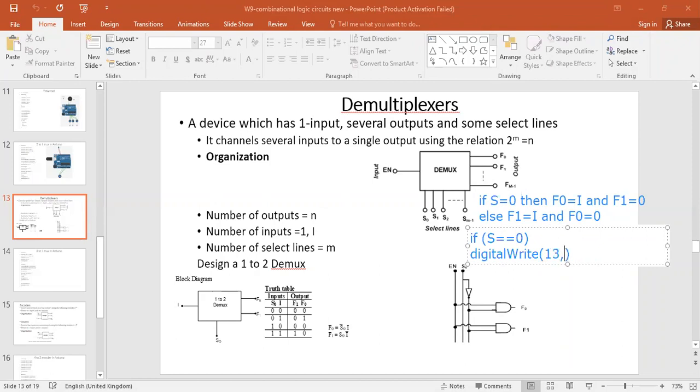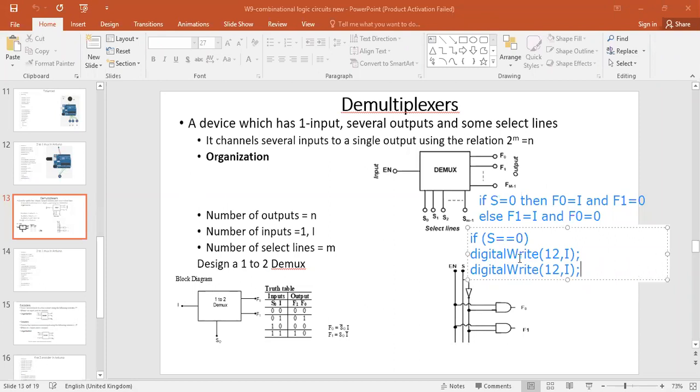Okay, so 12, comma, I. Else digital write 13. No, we're not doing the else at this point.